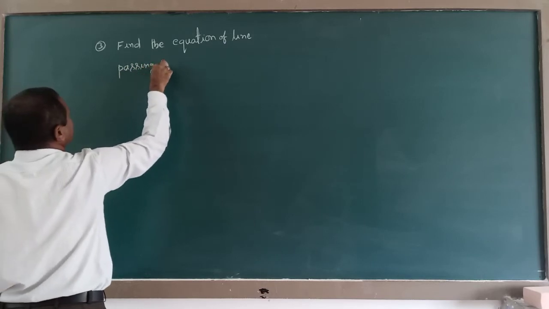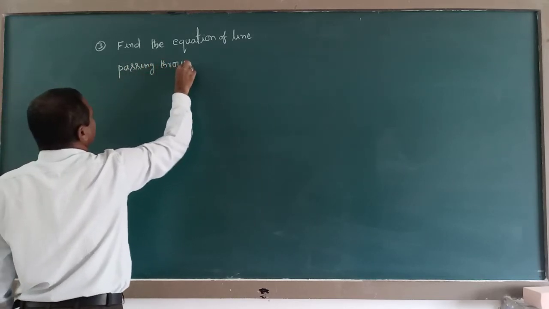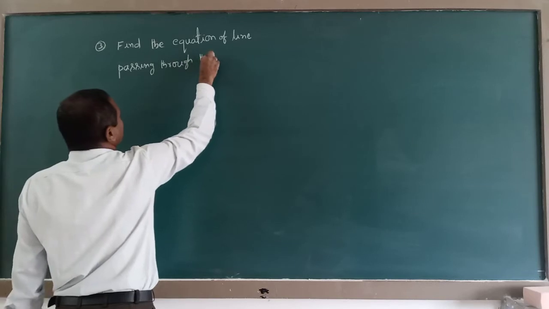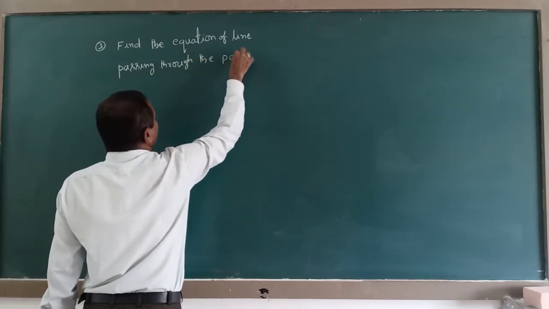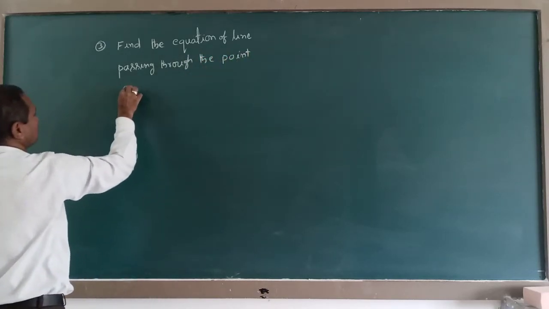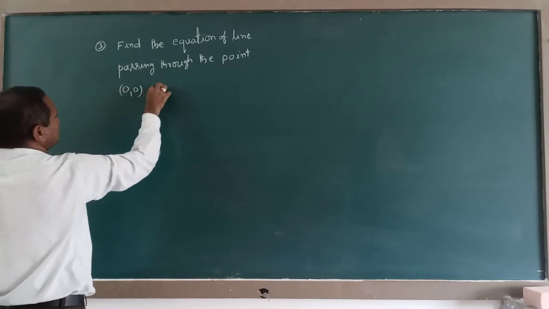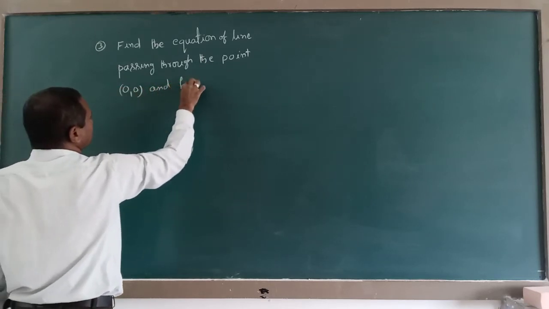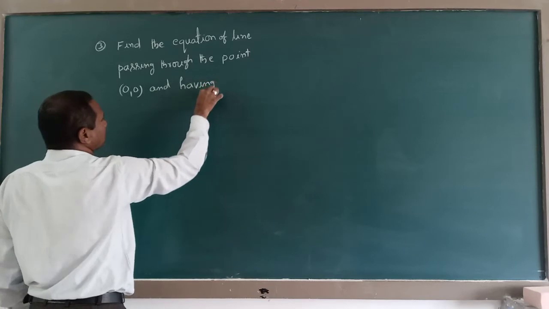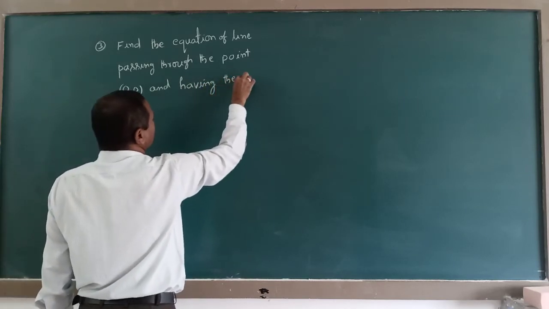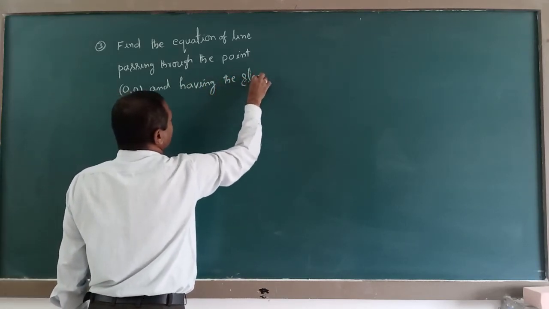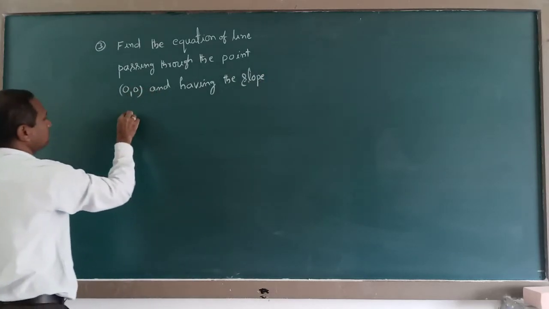Passing through the origin means 0, 0 here. Passing through the point 0, 0 and having the slope m. Slope is m.